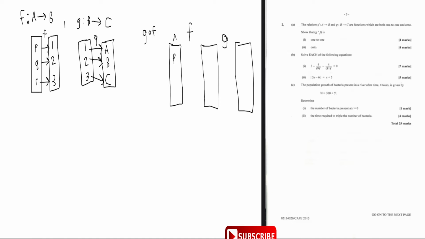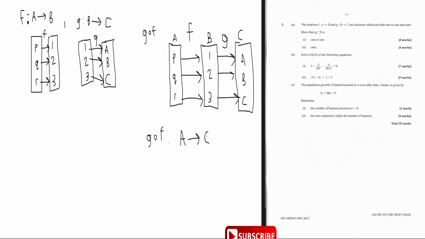So you have set A, this is set B, and this is set C. Applying that, you're going to have P, Q, R, set B, which we defined as 1, 2, 3, and set C, which is A, B, C. So P maps to 1, Q maps to 2, R maps to 3, 1 is going to map to A, 2 is going to map to B, and 3 is going to map to C. And so in reality, G of f is just mapping set A to set C. That's what G of f is doing.